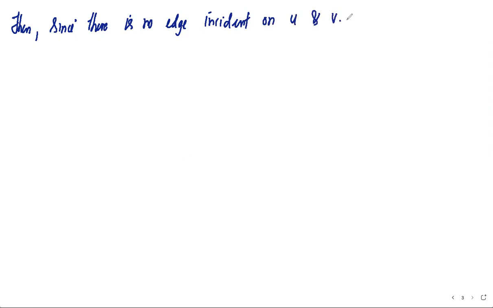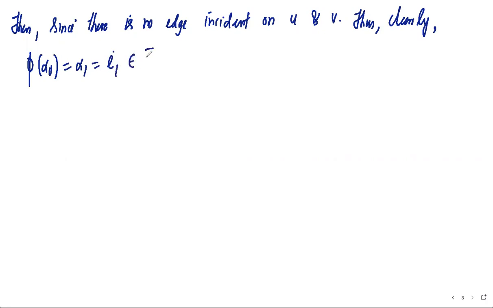If we have a vertex automorphism which fixes all the vertices of the graph and swaps these two isolated vertices, then clearly there will be no non-trivial action on the edges of G. Then clearly phi of alpha 0, which is equal to alpha 1, is an identity automorphism in gamma 1.